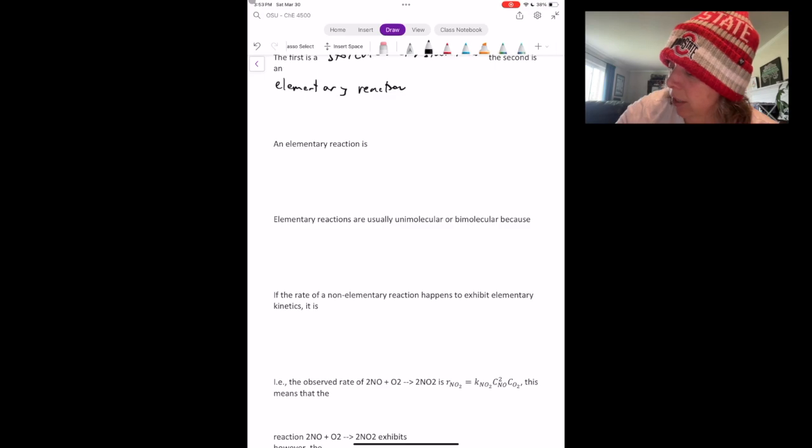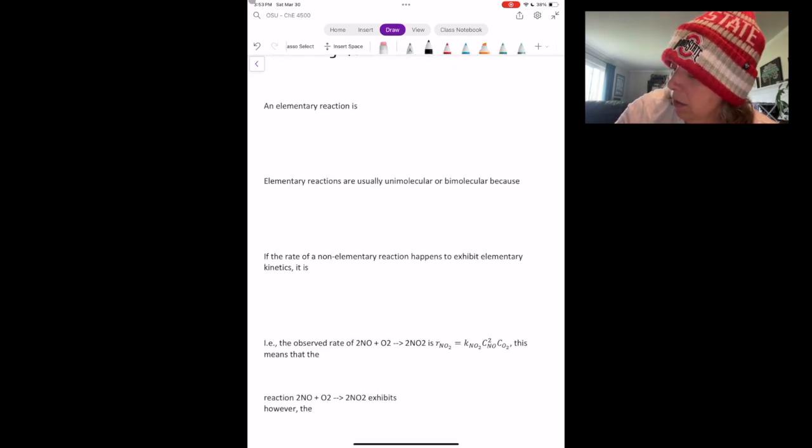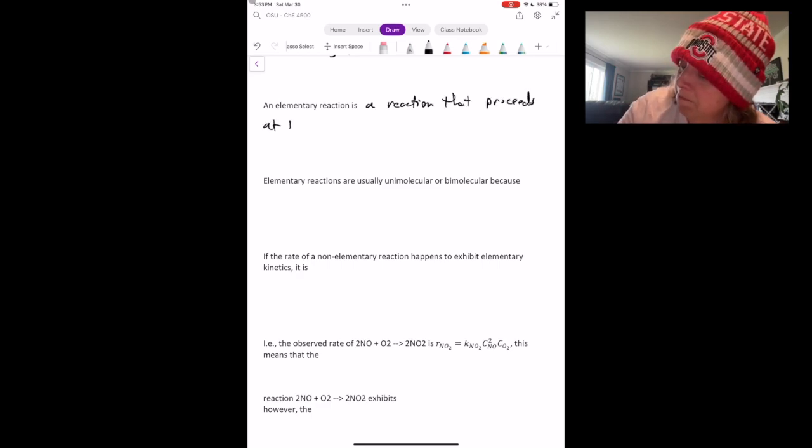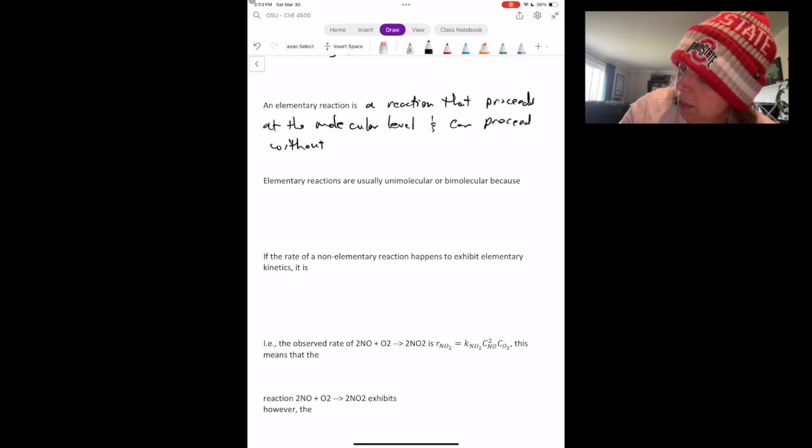So let's say an elementary reaction is a reaction that proceeds at the molecular level and can proceed without the need to form or pass through intermediate species.